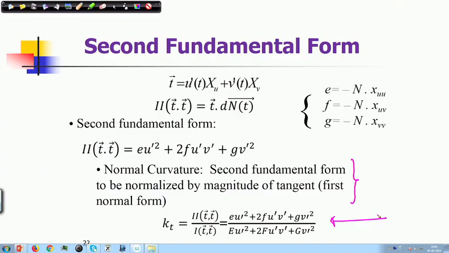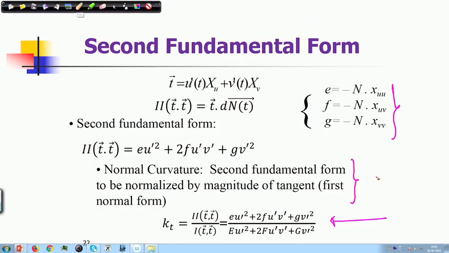So, for any tangent direction, this is the definition, and these are the quantities defined earlier. Capital E, capital F, capital G are related to the first fundamental form.